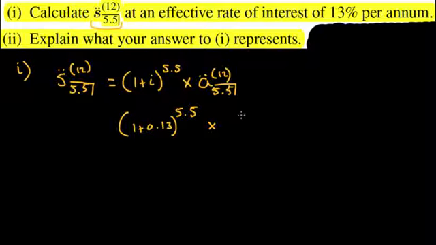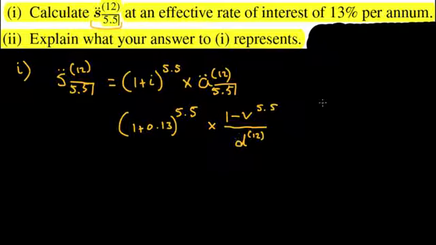Times 1 minus v to the n, and instead of dividing by i as a regular annuity, we divide by d to the 12. Instead of n, we'll call it 5.5.